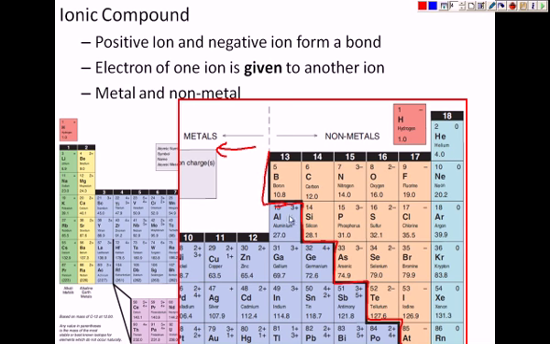So again, an ionic compound would be something like aluminum oxide, where aluminum is going to be giving electrons to oxygen. Aluminum would give electrons, and since electrons are negative and it's losing them, aluminum then becomes positive. Oxygen is receiving electrons, so oxygen will become negative.